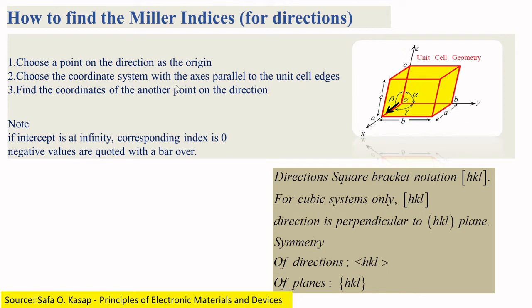Second, choose a coordinate system with axes parallel to the unit cell edges. So these are the unit cell edges, and you can see the parallel edges are x, y and z. The third is to find the coordinates of the other point on the direction, with respect to the vector which you are interested to find.